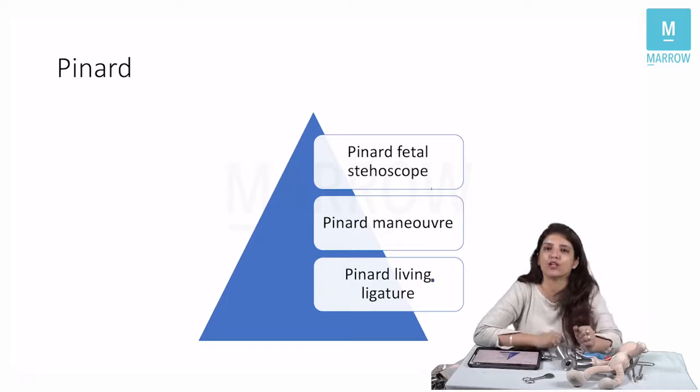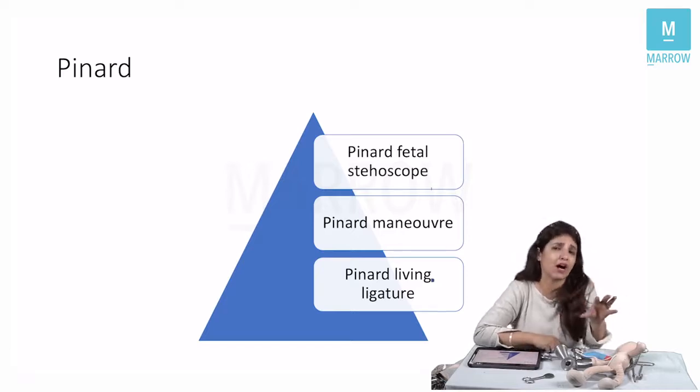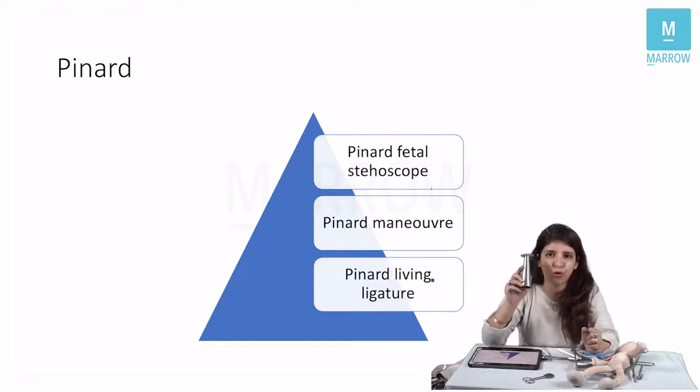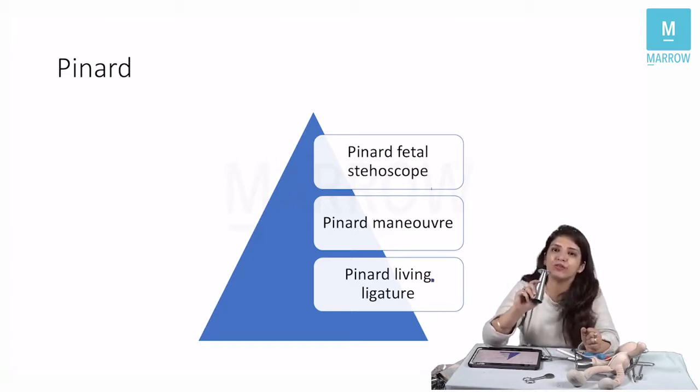Next question which they can ask you is, what are all the Pinards what you have heard about? So number one is this Pinard fetoscope. Number two is the Pinard maneuver. Where was the Pinard maneuver used? Pinard maneuver was used to deliver the buttocks in case of frank breech, right?